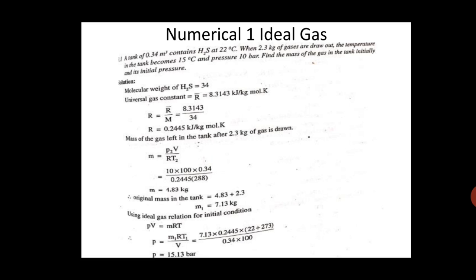Now again using the ideal gas relation for the initial condition, condition 1, PV is equal to MRT. Now we have to find P here. P is equal to, for condition 1, M1 R T1 divided by V. So M1 is the mass you have found, 7.13, R is 0.2445, T is again 22 plus 273, that is in Kelvin, divided by volume.